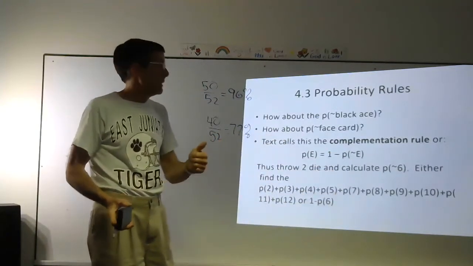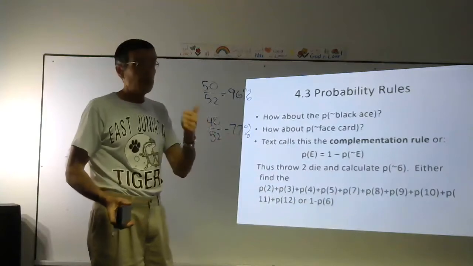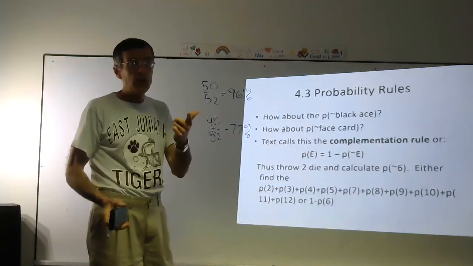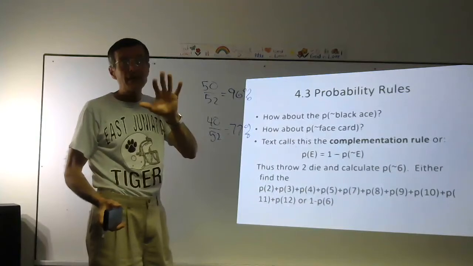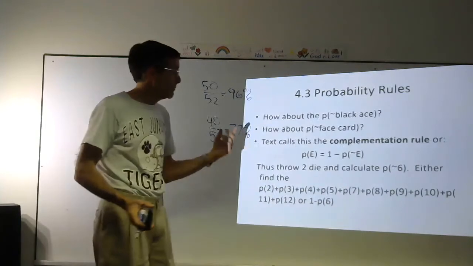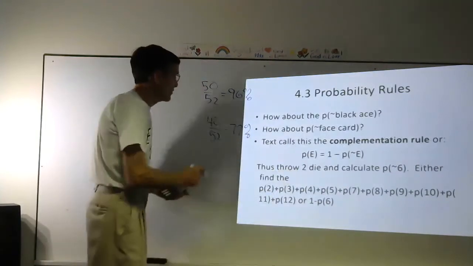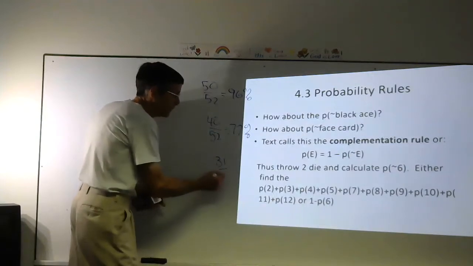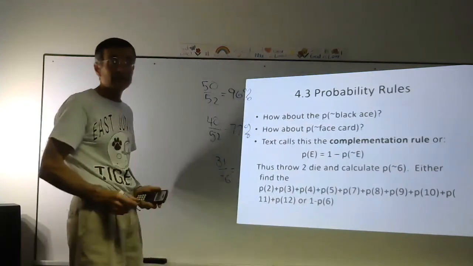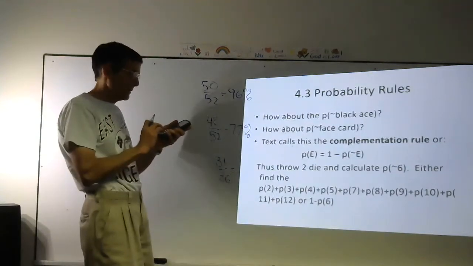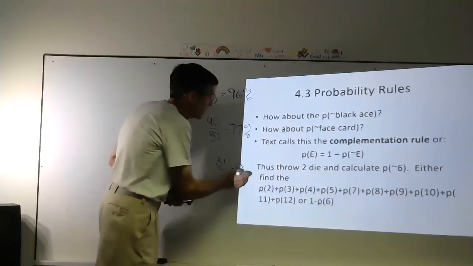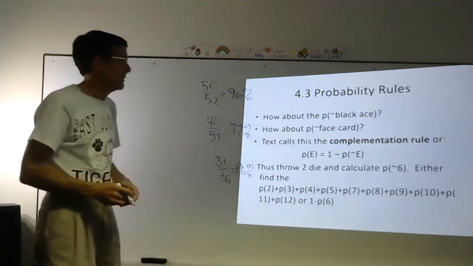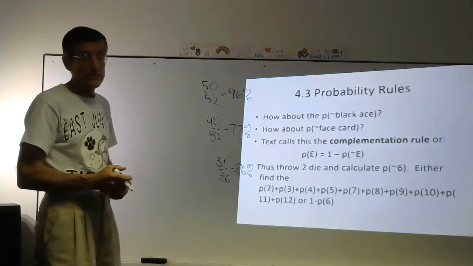A 6 could be 1 and 5, 5 and 1, 2 and 4, 4 and 2, 3 and 3. Probability of getting a 6 is 5. So subtract 5 off of 36. You want 31. Yeah? Okay? Which is about 86% chance of not getting a 6. Okay?